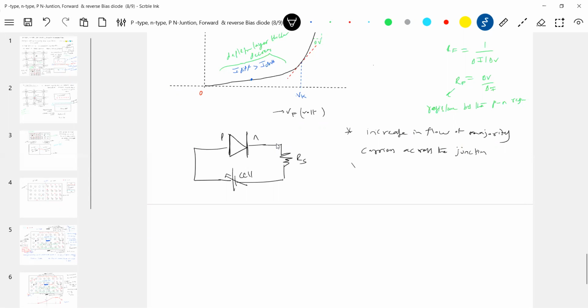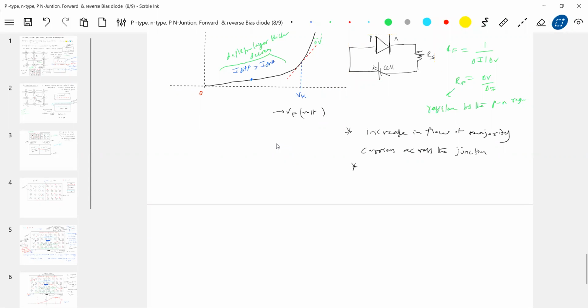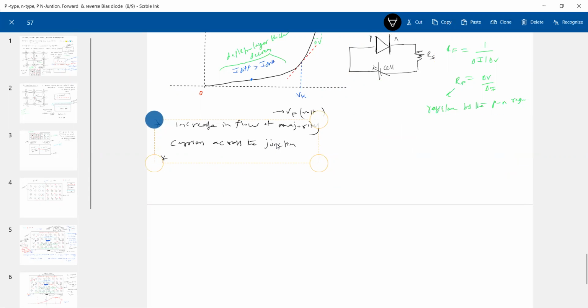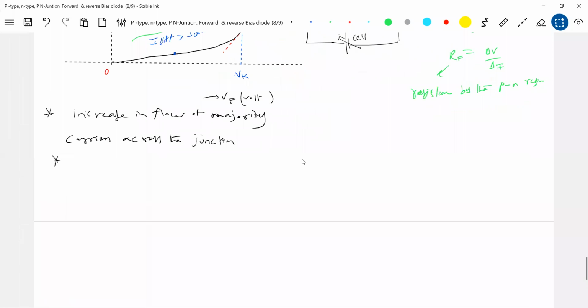That's one thing. I need more space. Some 4 points I'll summarize. These are the conceptual questions they may ask. What actually happens in forward bias? There's the increase in flow of majority carriers across the junction. That's one point.